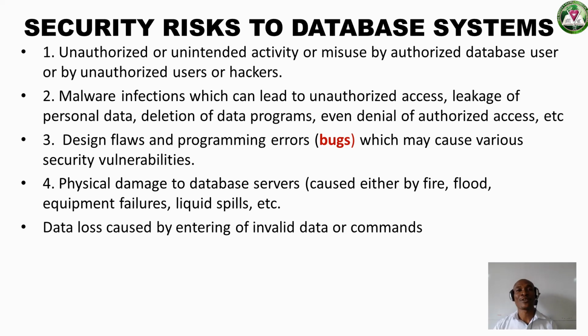Somebody might be an authorized user, but this person intentionally or unintentionally will misuse the database. And at that time, it will become a risk to the database. Maybe deleting files that you're not supposed to delete, or storing files that you're not supposed to store. Unauthorized persons also, or hackers, may have access to the database. It also becomes a risk.